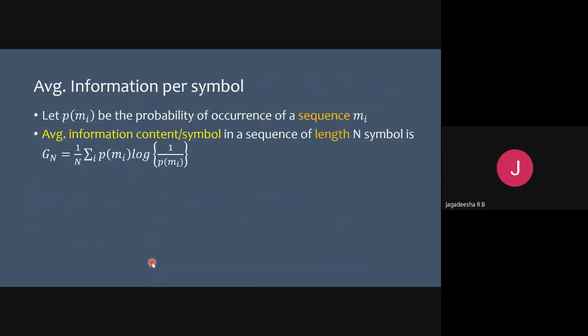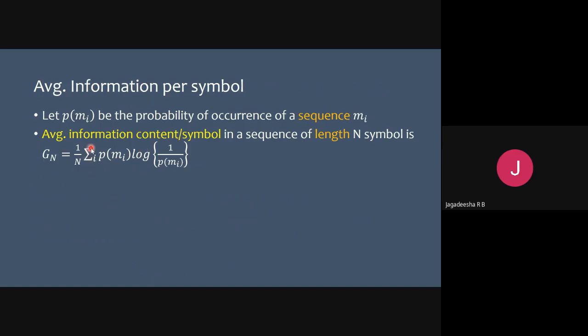Okay, then we also have the next term, that is the average information content per symbol. This is computed by this equation, Gn, that's equal to the summation of Pmi log 1 by Pmi. You are very familiar with this term.